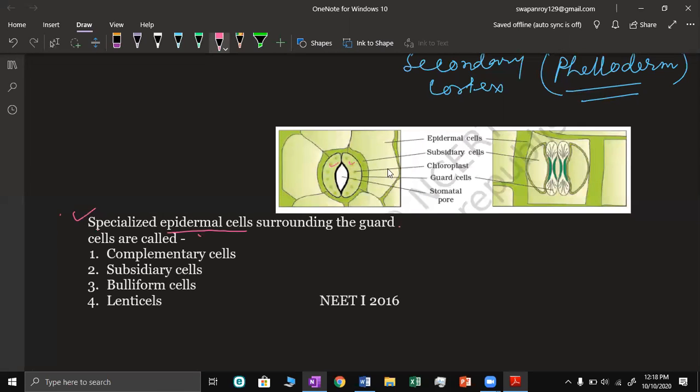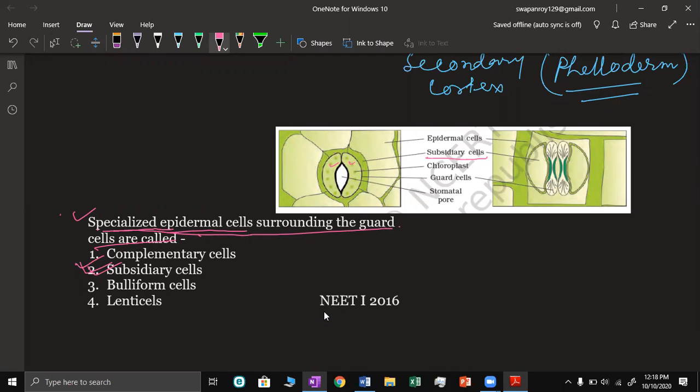They are encircling the guard cell, and these cells are known as subsidiary cells. So our answer is the subsidiary cells. Specialized epidermal cells surrounding the guard cells are called subsidiary cells. These are all modifications of epidermal cells.